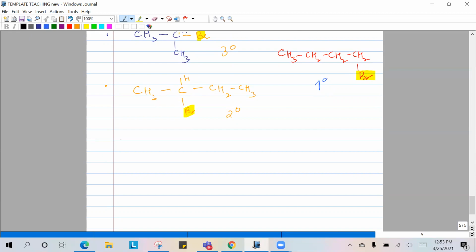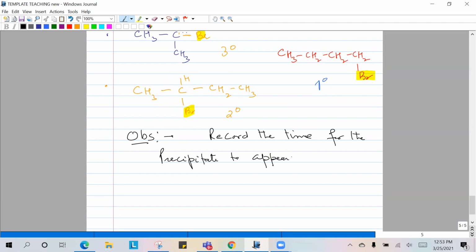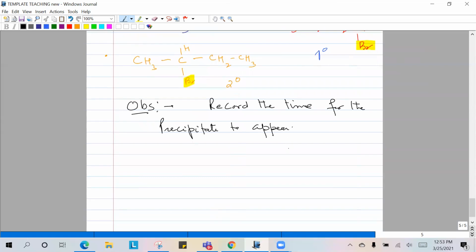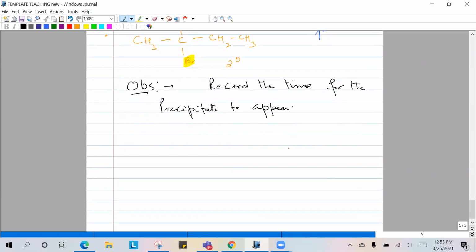And so what will be your observation? Now remember, what will you observe? You will record again the time for the precipitate to appear. That is what we are going to record.